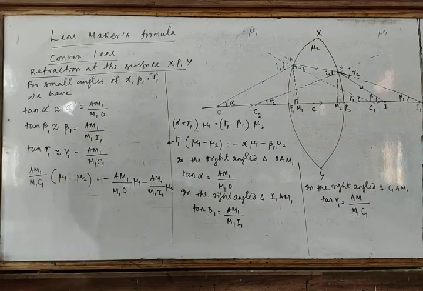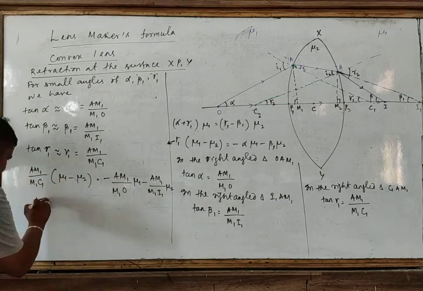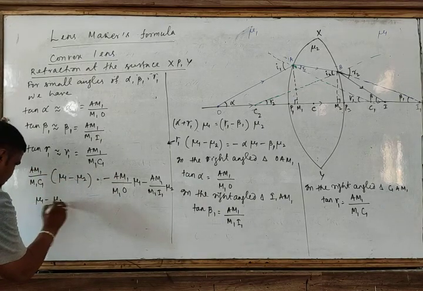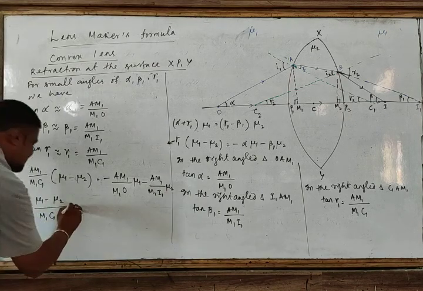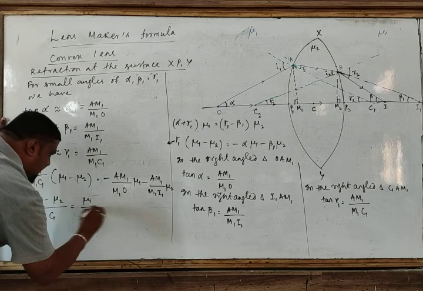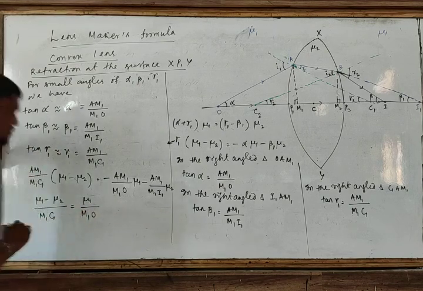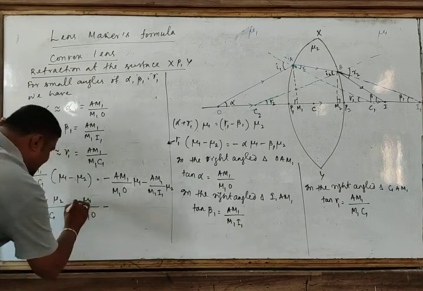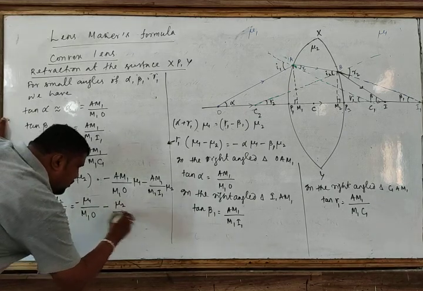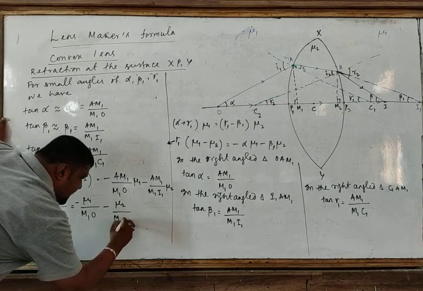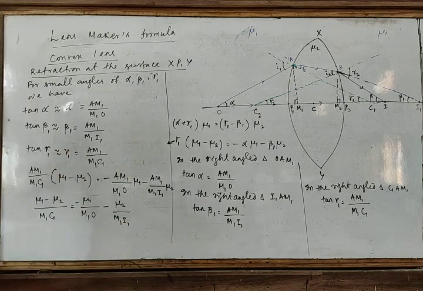Clear? So if I cancel AM1, taking it common, the rest gives mu1 minus mu2 divided by M1C1 is equal to minus mu1 by M1O minus mu2 by M1I1. Clear? So that is the expression.